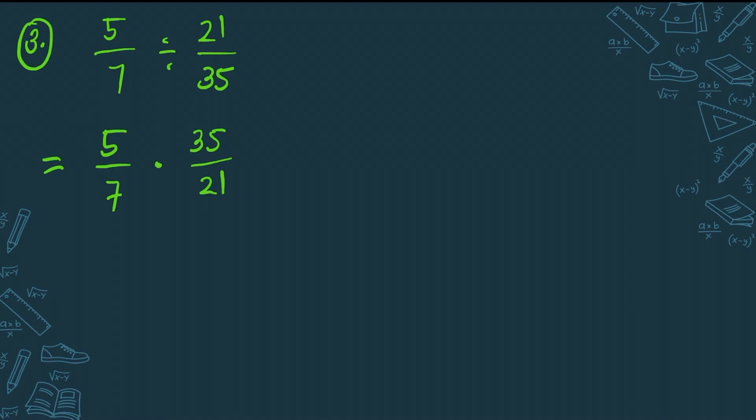If we will do the prime factorization, 5 is already a prime number, so you may just write it as 1 times 5, and then 35 can be written as 5 times 7. And then all over, 7 is a prime number, so you have 1 times 7, and for 21, you can write it as 3 times 7.